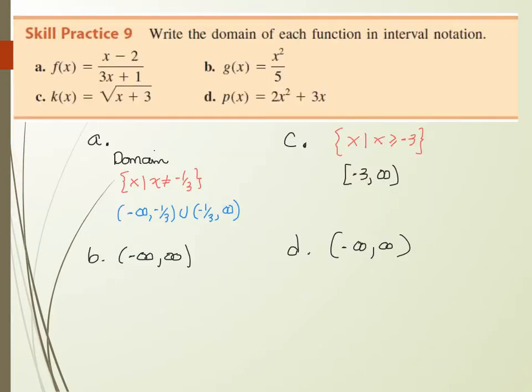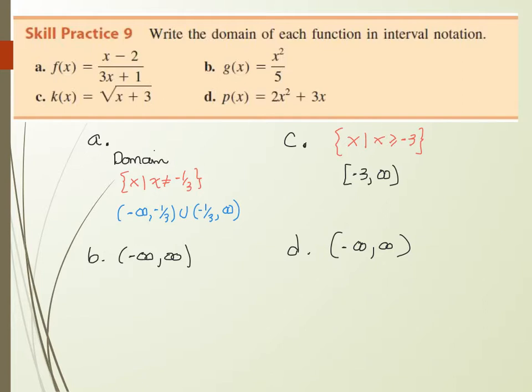In practice skill 9, we're only going to look at domains because we're going to look at which functions have restrictions and which functions don't. So the domain tells us if x has a restriction. If we look at part A, we can see there is a restriction on the function in A where f of x is equal to x minus 2 divided by 3x plus 1.